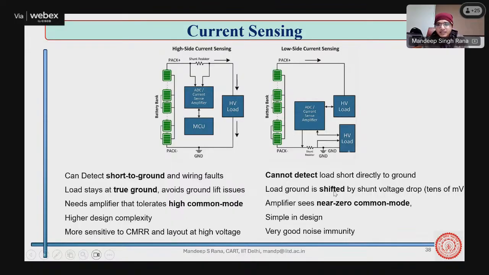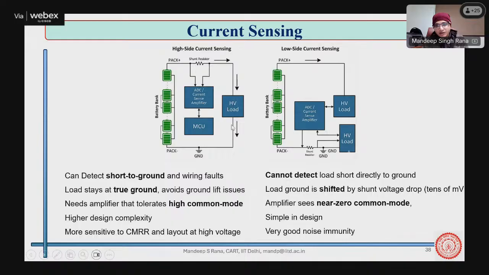So basically the load ground is shifted in this configuration. To avoid that shift, we connect a low side shunt resistor, but we connect another insulation resistor to chassis. There is another scheme in which we can put our current sensing at the high side, which is the high voltage side.